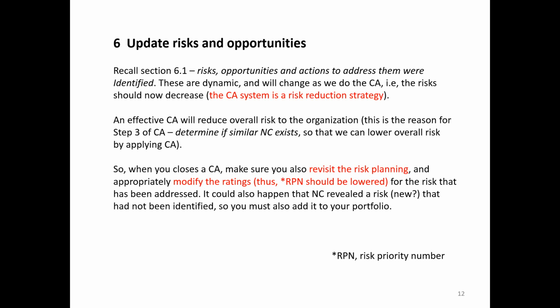Alright, so again, I want you to recall section 6.1. We want now to revisit the risk planning. You can remember we use the term RPN, which stands for risk priority number.